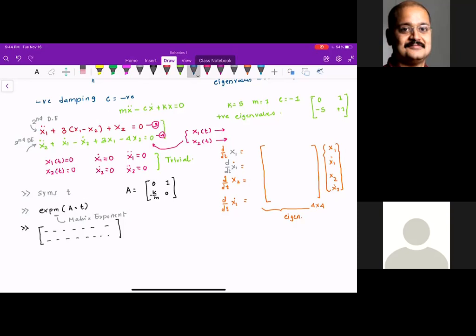Everyone understood this? That is the fundamental purpose of Laplace transform. And we are not going to look at different types of Laplace transform pairs. I would just tell you, given a Laplace transform, how to use it and how to find solutions. Okay, I'm going to stop here and we will continue the next class.